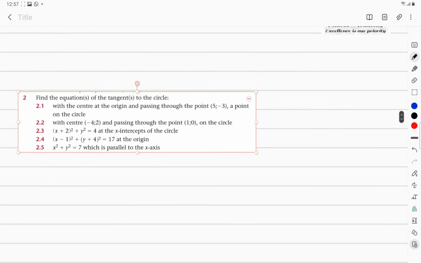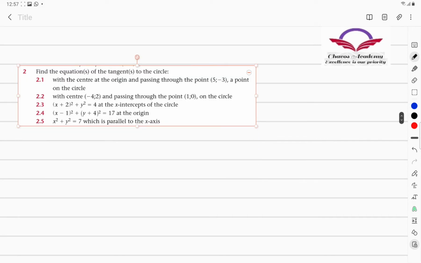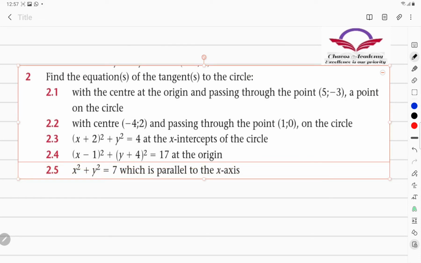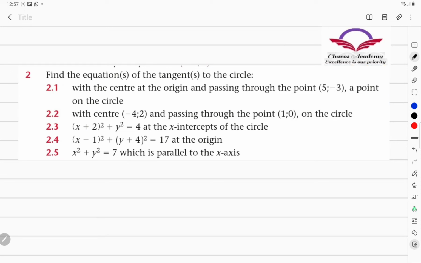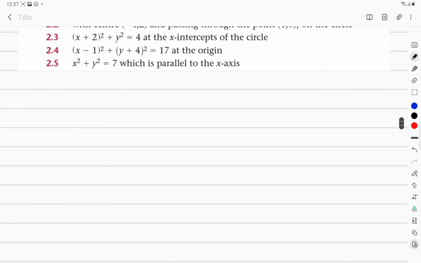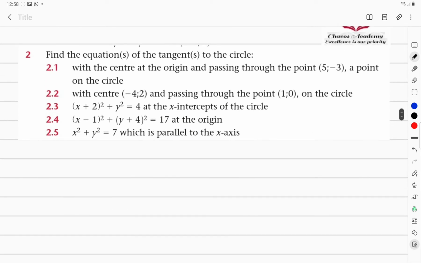This one should be very easy. What we need to do, we're going to do 2.5 here. They said find the equations of the tangents to the circle.